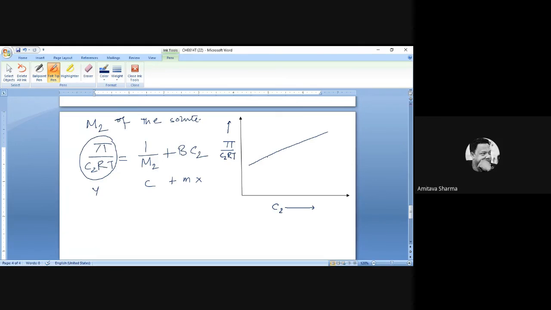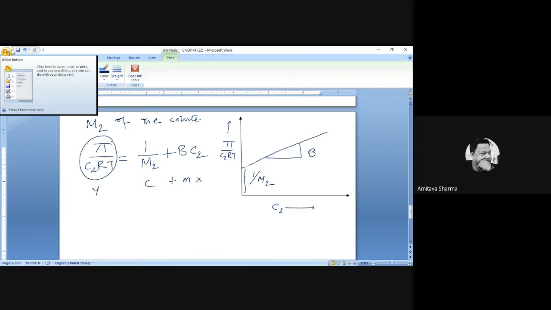So this slope is B, the second virial coefficient, and if I extrapolate this curve, this intercept will give you the inverse of M2. So from this intercept value, you can easily calculate the molar mass of the solute present in the system, that is the molar mass of the polymeric solute. Am I clear with my point?